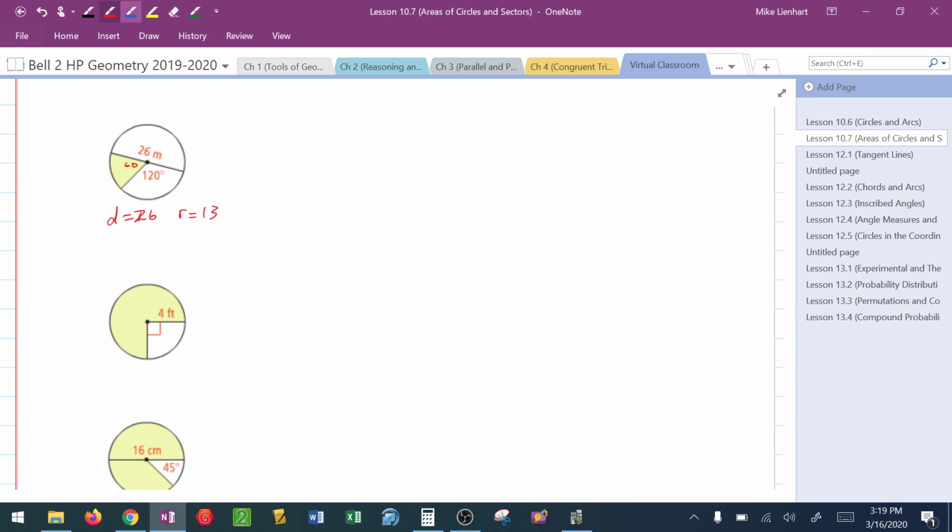All right? So to find the area of the sector, I'm going to take the fractional part, which would be 60 out of 360, times pi, times the radius, 13 squared. All right? So the area of the sector, I'm going to let my calculator help me here.